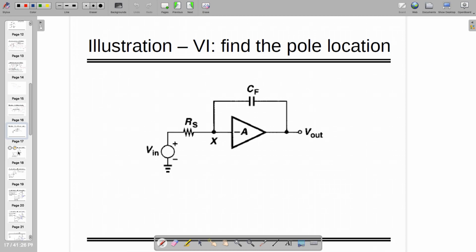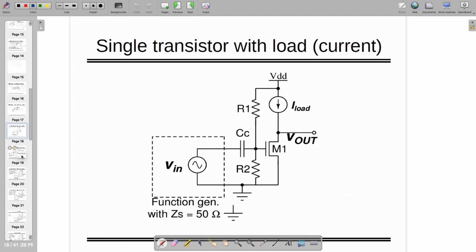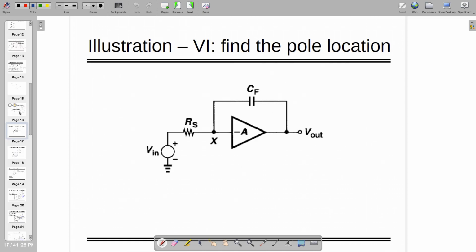Now let's understand one more place before going to a transistor. Let's have a place where it's a negative gain amplifier.